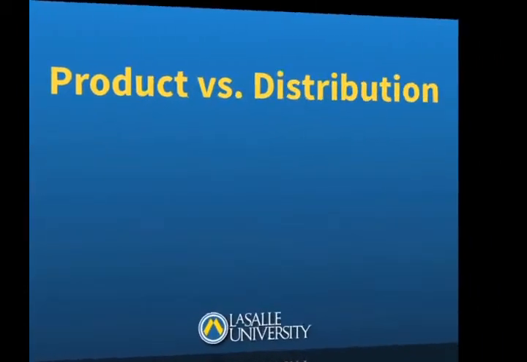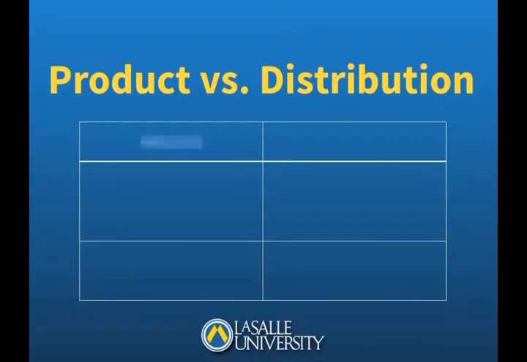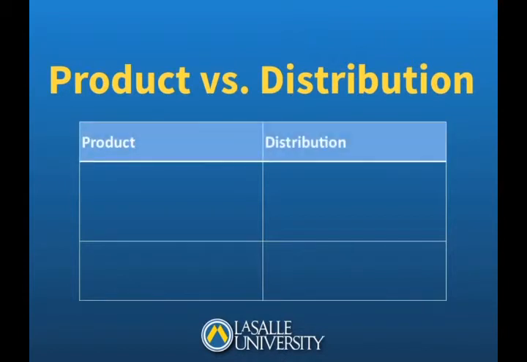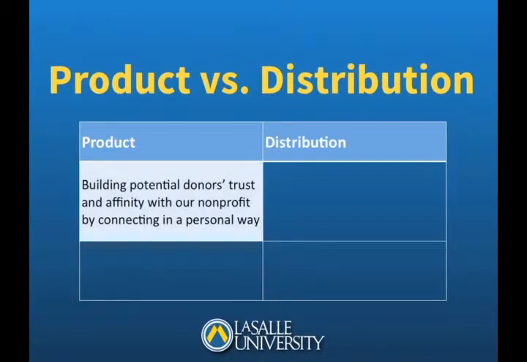So what does this look like putting product and distribution in here? So if we've got our product and we've got our distribution, here's how they align. A couple slides ago, I said that one of the product offerings of a nonprofit might be to build potential donors' trust and affinity with our nonprofit by connecting to them in a personal way.